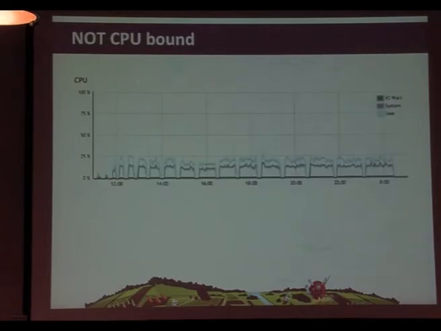And another thing, with a larger payload, it is no longer CPU bound. With a smaller payload, we could easily saturate the box. It was not a problem. It looked really, really nice. But with a larger payload, we could only utilize 25% of the box.